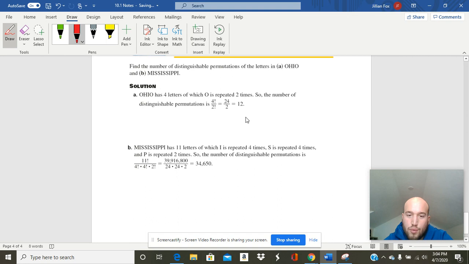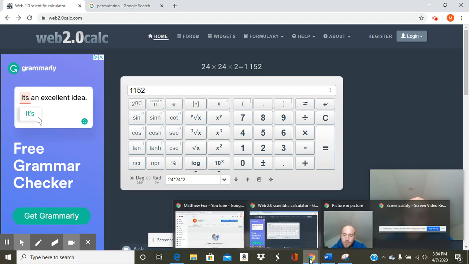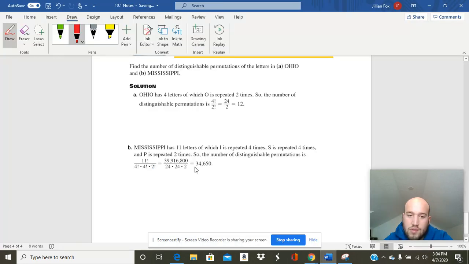Then 4 factorial, we already know is 24. We know that's 24, and we know 2 factorial is 2 from the last problem. But in order to solve this, we need to multiply all of those together. So let's take 24 times 24 times 2, we get 1,152, okay? So that is what we will use in the bottom.